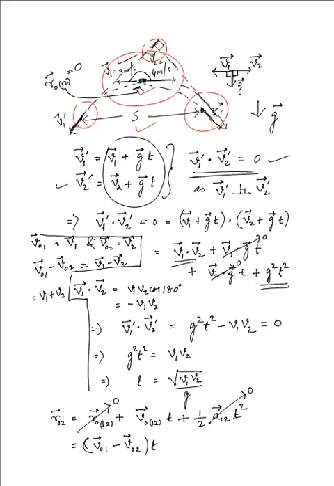So finally this value, the R12 mod, just the magnitude of the position or the distance between them, s, that we had represented over there, s is equal to V1 plus V2 multiplied with t, that is equal to V1 plus V2 times root over V1 V2 divided by g, because this was the value of t that we had obtained over here.